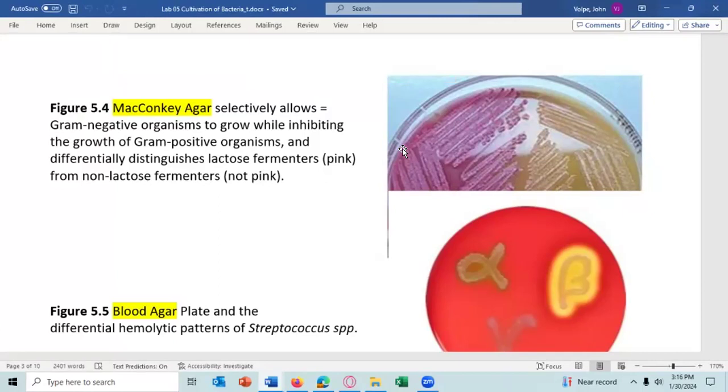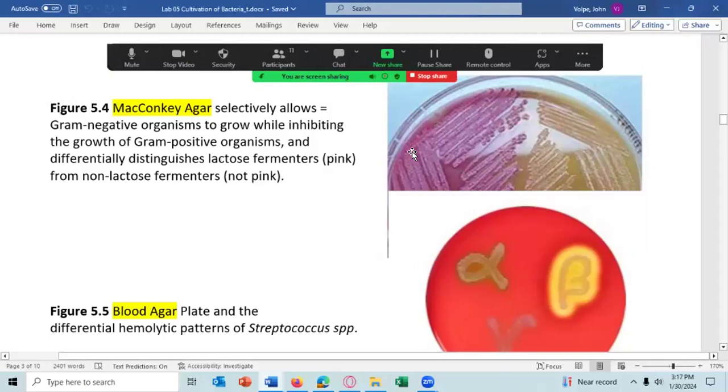And what else do they have in it? Crystal violet, which gets in the cell wall of gram-positive cells and then keeps the cells from growing. Like I said, you don't need to know exactly what's in MacConkey's, just that it's selective and it allows gram-negatives to grow. Gram-positives tend not to grow. So if there's growth on MacConkey's, then it is gram-negative.